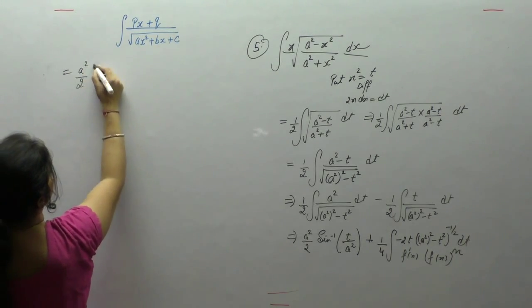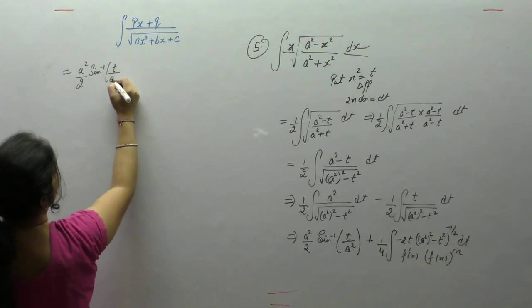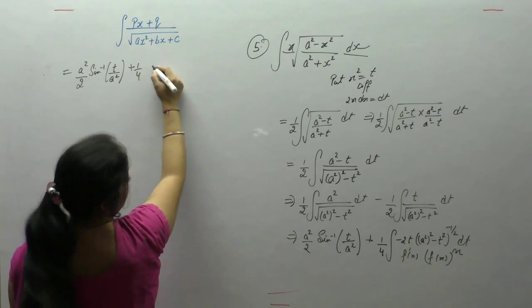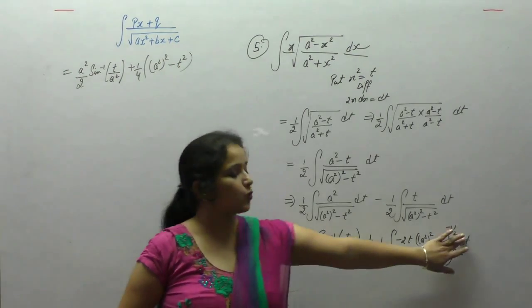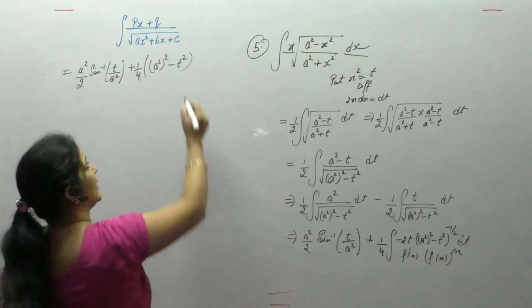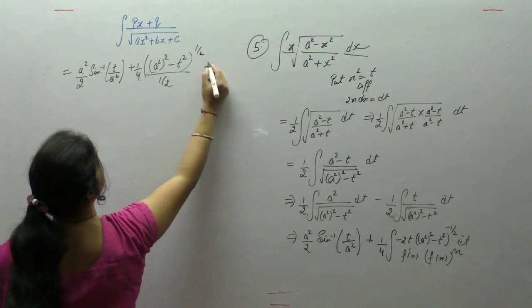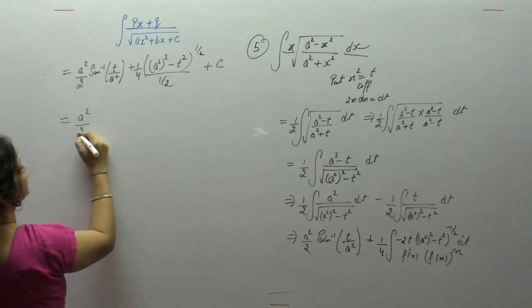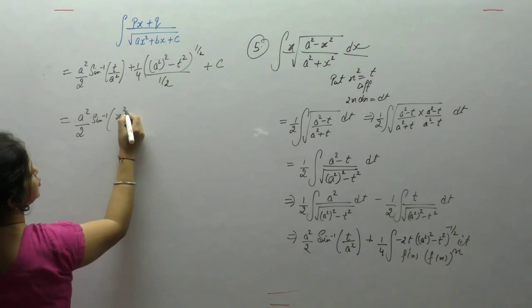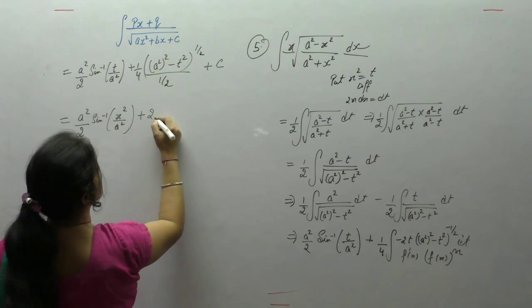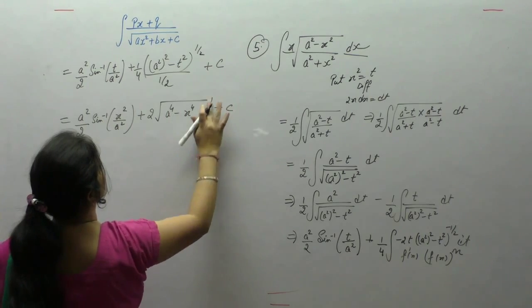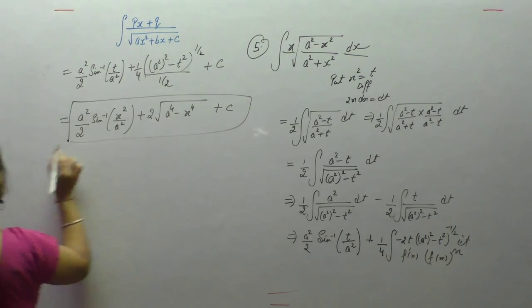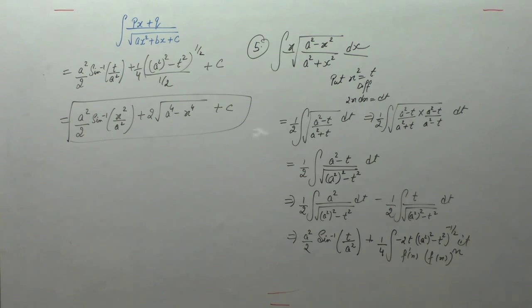So we get a square upon 2 sin inverse t upon a square plus 1 by 4, (a square) square minus t square to the power n plus 1, upon 1 by 2. A square upon 2 sin inverse t, here t is x square, so a square upon 2 sin inverse x square upon a square plus 1 by 2 into a4 minus x4, because t is x square.